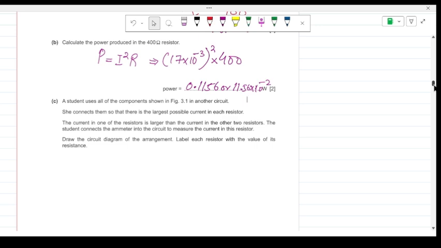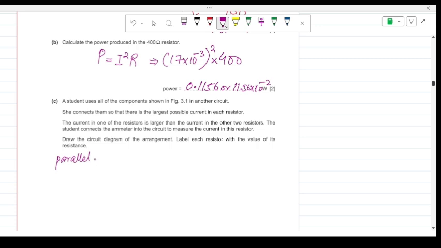So we have to design a circuit such that the current flowing through one resistor is larger than in the other two resistors. If I want to change the current, I cannot connect the three resistors in series. We have to connect the three resistors in parallel. So to change the current, we have to change the combination as well.